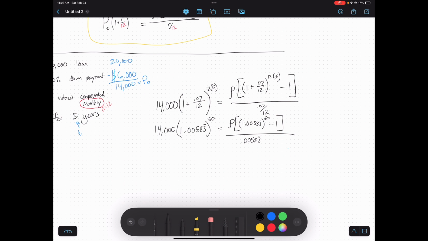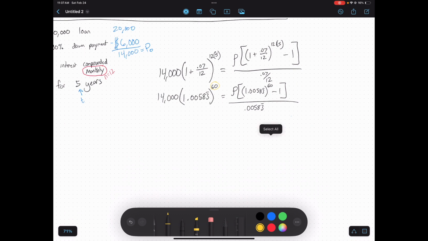Because that was what 0.07 divided by 12 is. I can keep going, but I do want to point out this 60. What does that 60 represent? That's the number of months I'm going to be paying this loan. 60 months. I'm going to have this loan for 60 months.